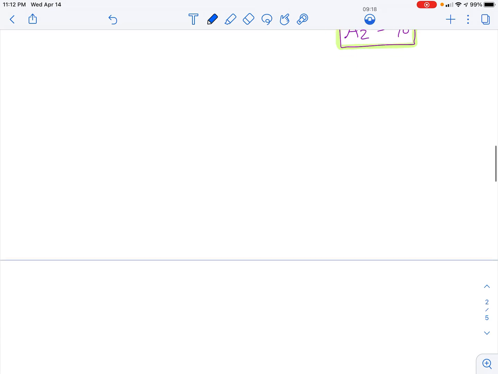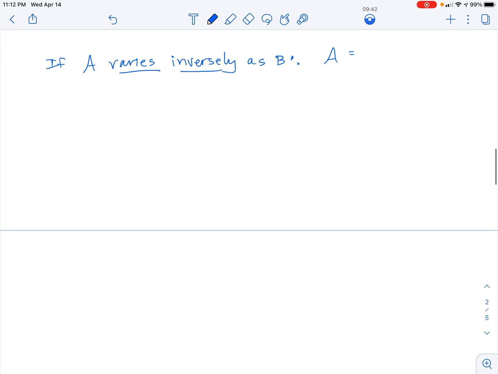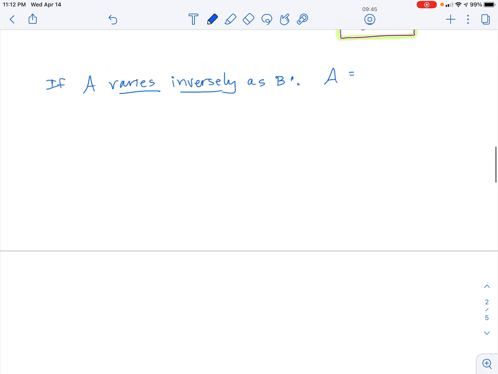All right, so the second part of this now is when we're varying inversely. So if A varies inversely, remember we always have to pay attention to that, whether it's directly or inversely. So in this case, if A varies inversely as B, we have learned that to solve for that, we still want to solve for the constant of proportionality, and K represents that.